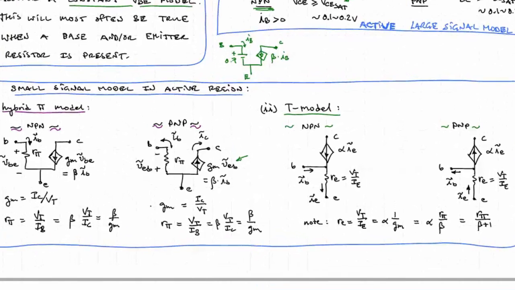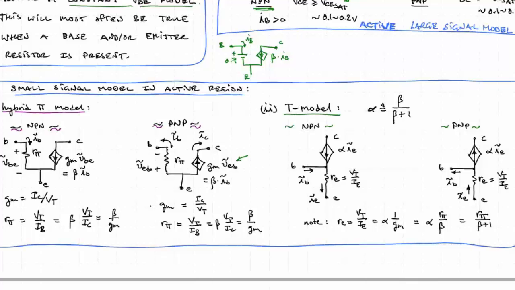Over in the T model, we have related the collector current not to the base current, but to the emitter current. And I should write here that alpha is defined as beta over beta plus 1.